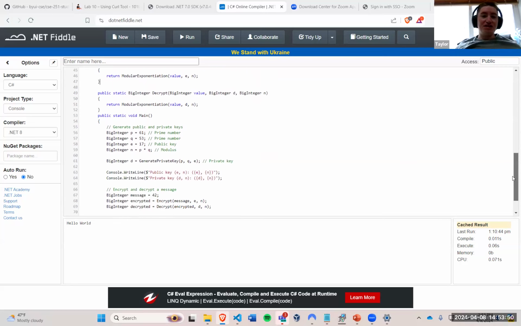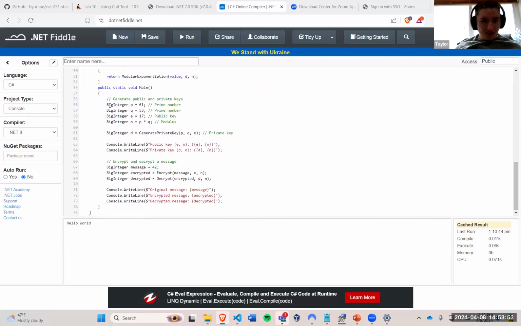But here's what I do to test this out. So I'll do big integer p equals 63, big integer q equals 53, big integer e equals 17, and then big integer n equals p times q, which is the modulus. So we get big integer d equals generate private key, p, q, and e, and then we write the line public key e, n, and we get those values with the correct brackets right here.